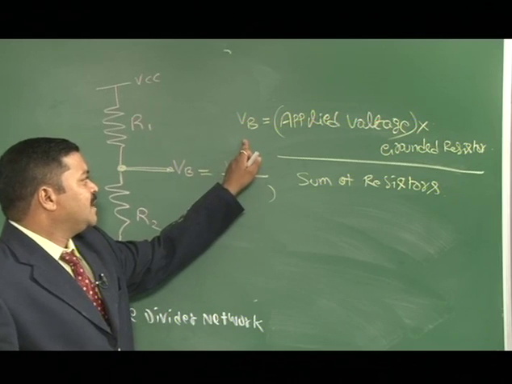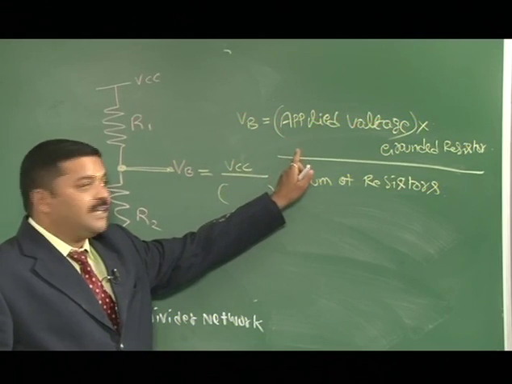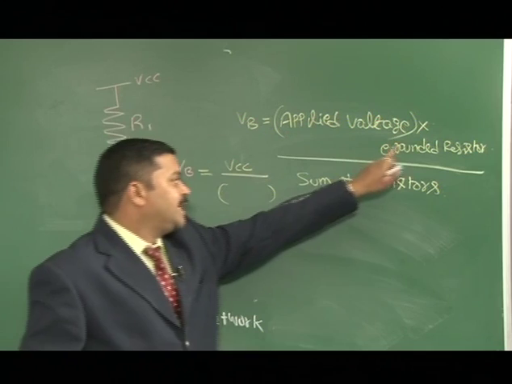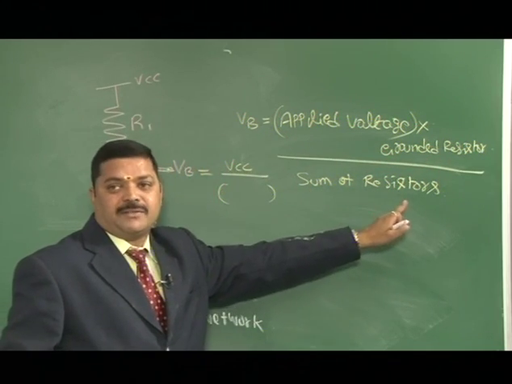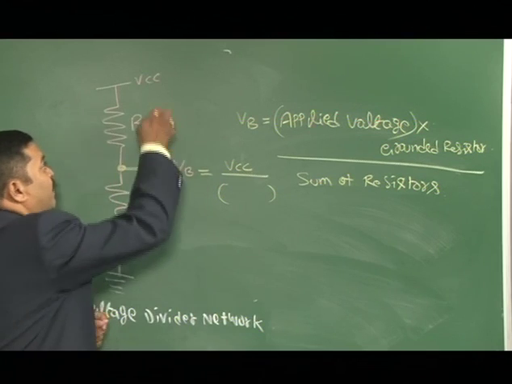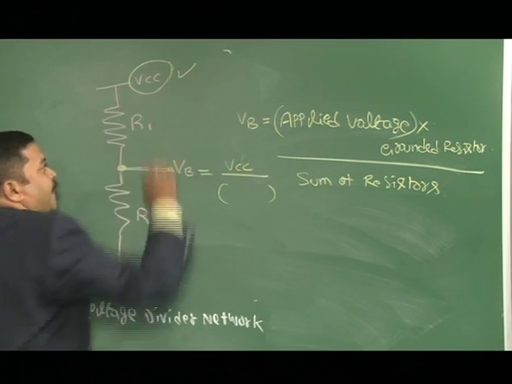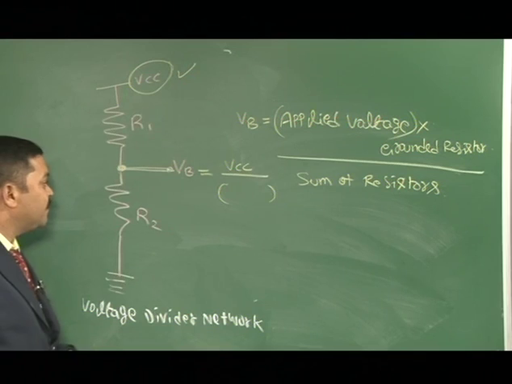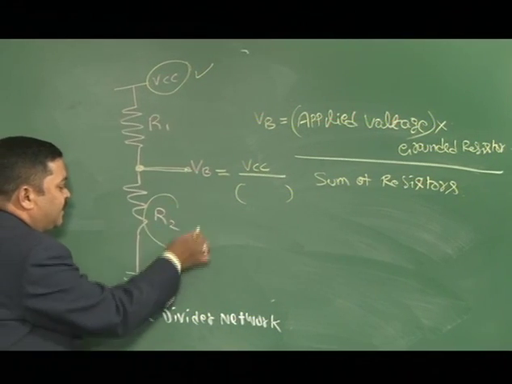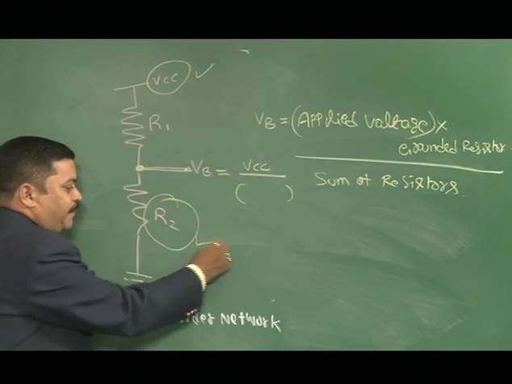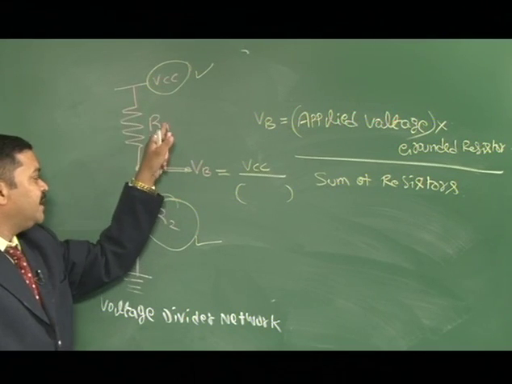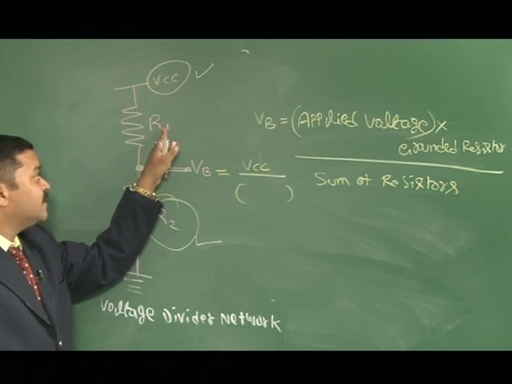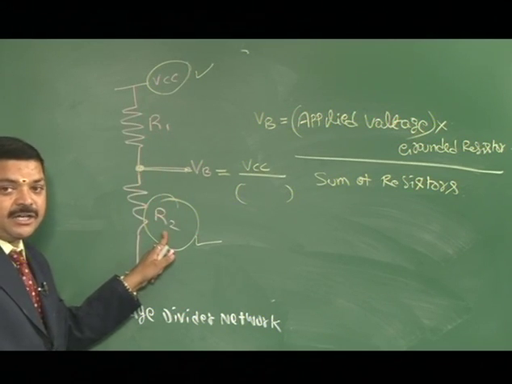So, VB is given by a simple formula here: applied voltage multiplied by grounded resistor divided by sum of resistors. Here the applied voltage is VCC and the grounded resistance is R2. These two we need to multiply and divide that multiplied value by the sum of R1 and R2.